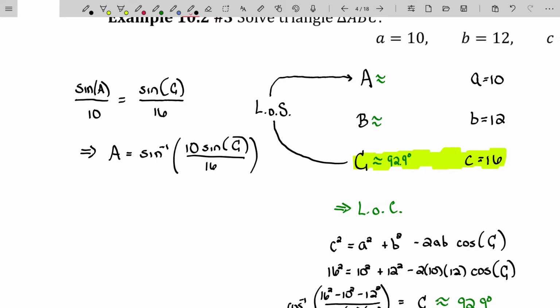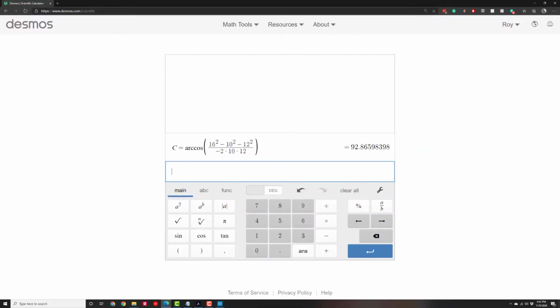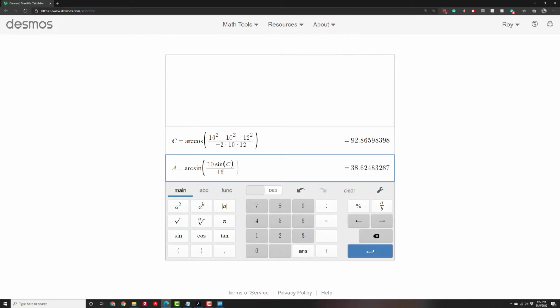Now let's go over to Desmos. Here we are. I'm just going to go ahead and say angle A is equal to the arc sine of 10 sine of angle C divided by 16.